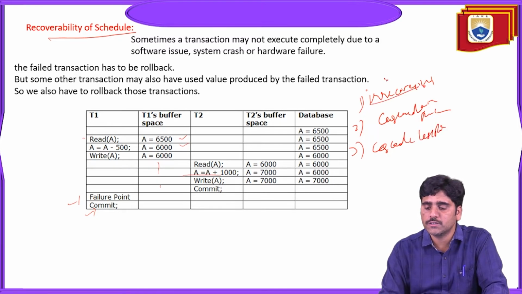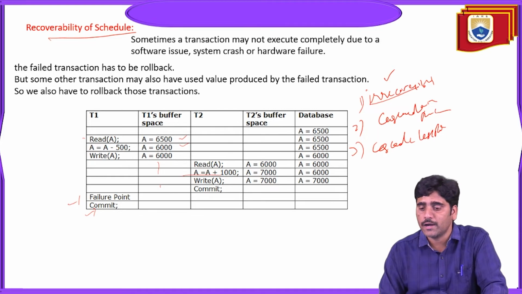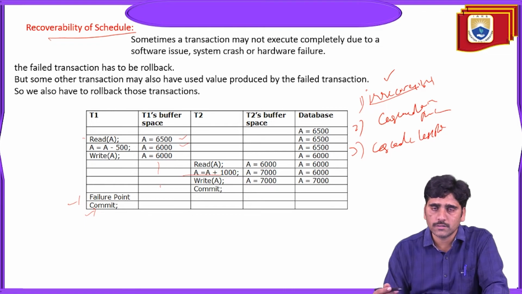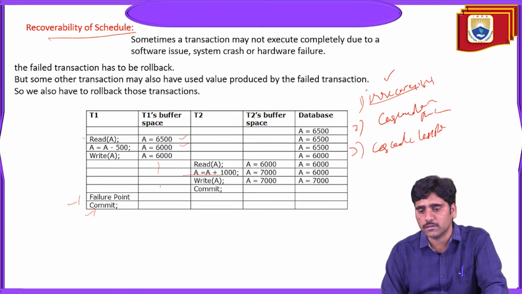So irrecoverable schedule means that if any two transactions are depending upon one another, and one transaction is committed and the other one is not committed, then the two transactions are not going to be rolled back. At that moment, we can say that it is an irrecoverable schedule.